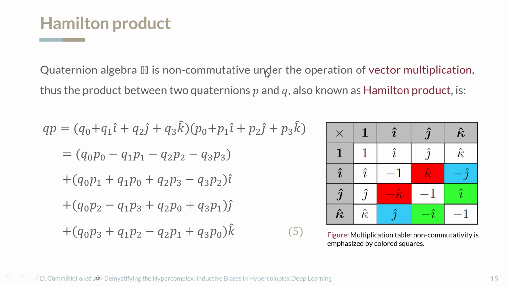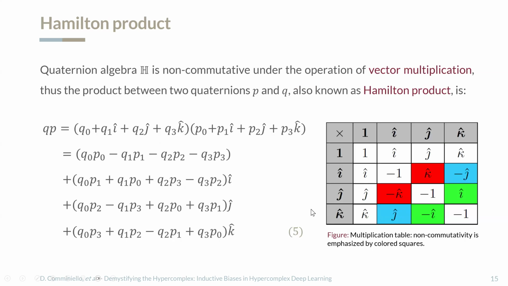Since we have non-commutativity properties under the operation of vector multiplication, we can write the product between two quaternions in this way. We have the first quaternion and the second quaternion, and we can do the multiplication element by element.